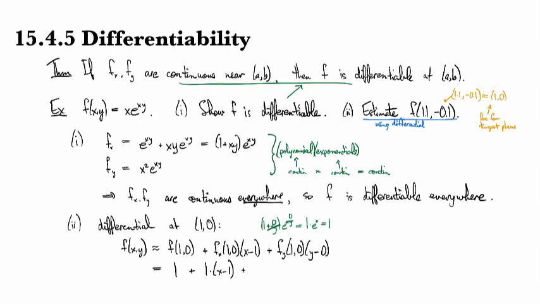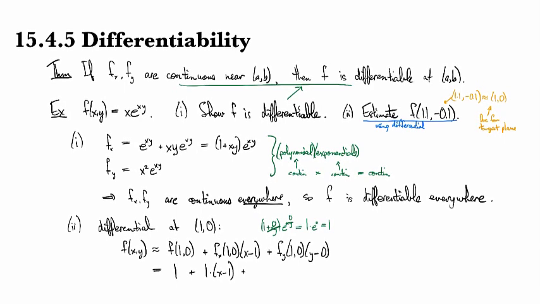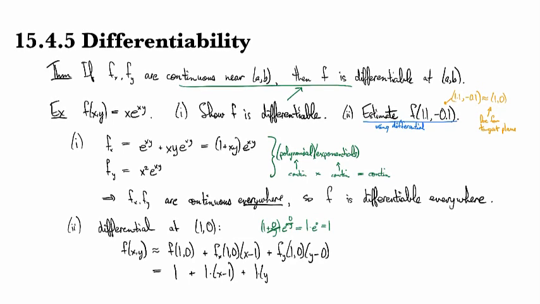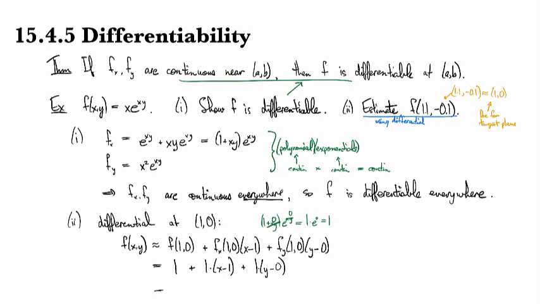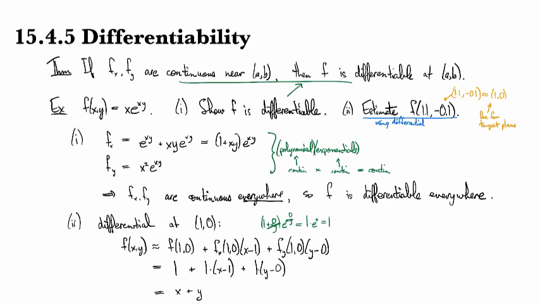And then for the y derivative, some similar computation: we're going to have 1 squared e to the 0, which is 1. And then that's times (y minus 0). And so doing the arithmetic, we have x plus y. All right.